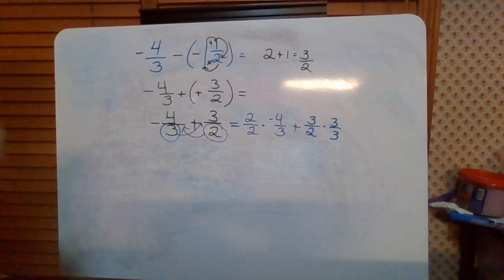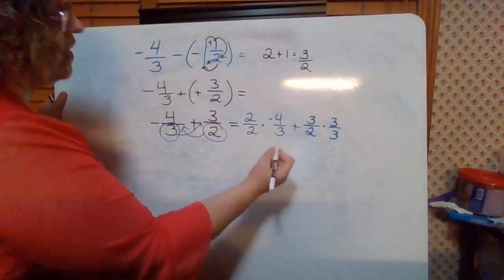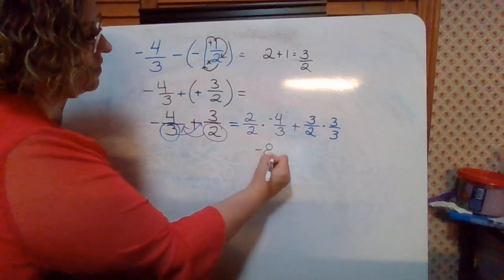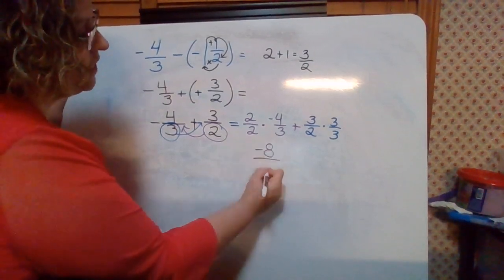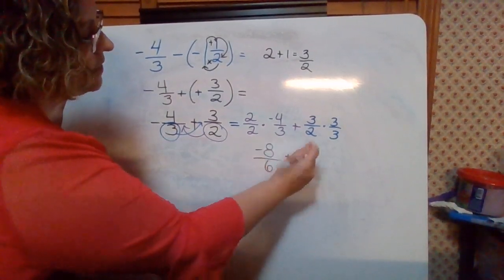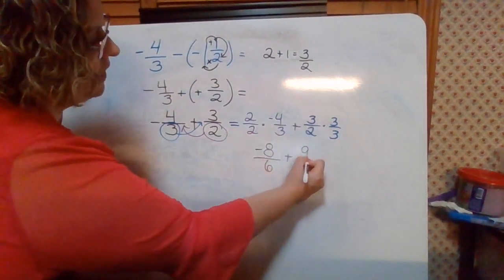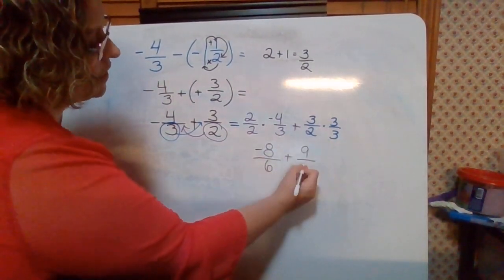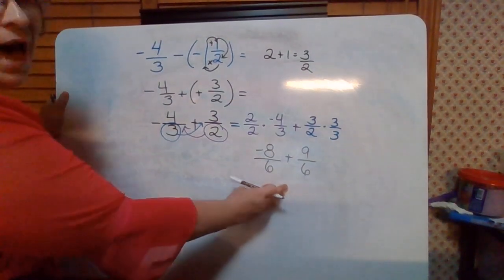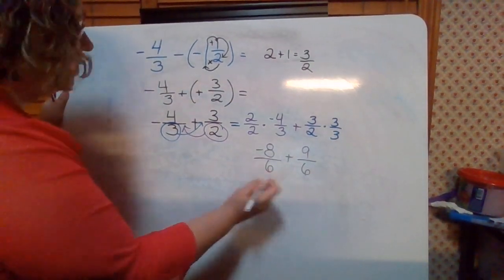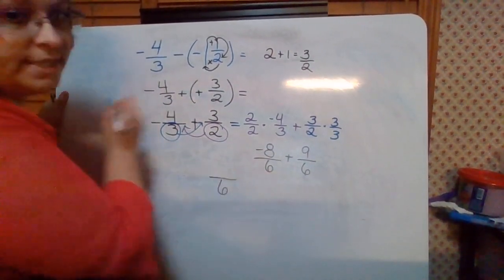Now 2 times negative 4 is negative 8, 2 times 3 is 6, plus 3 times 3 is 9, 2 times 3 is 6. So we know our common denominator is 6.